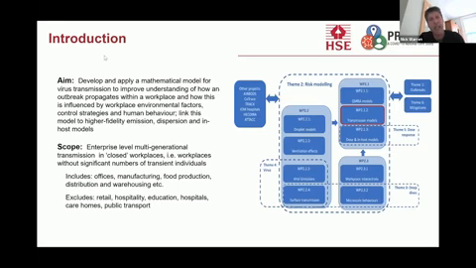But the scope of this model is what I would call closed workplaces, so workplaces without large numbers of transient individuals who are not members of the workforce. That excludes sectors such as retail, hospitality, hospitals, public transport, etc. This model is aimed at all the other workplaces: offices, manufacturing, warehousing, food production, etc.